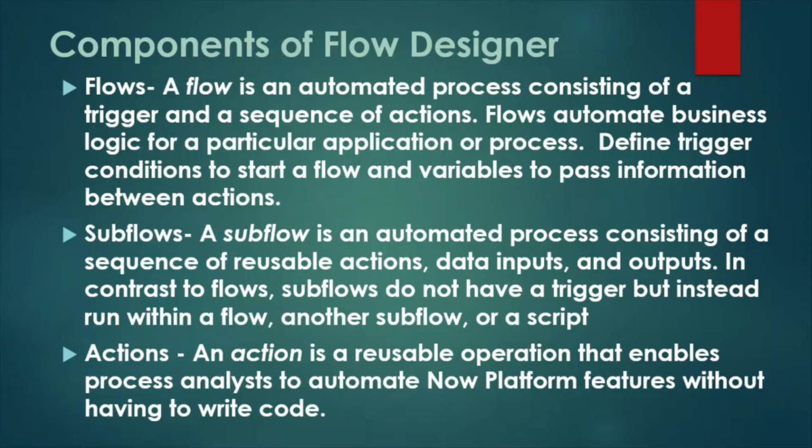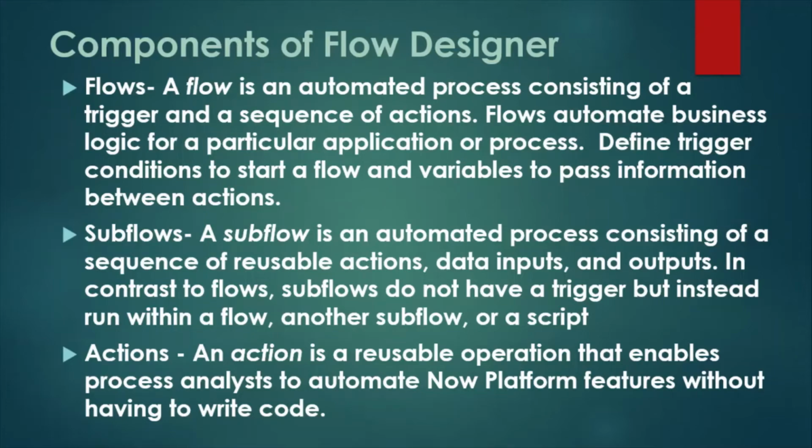So using Flow Designer, we can automate the process without writing code. And an action is something which is reusable, like a script include. We can configure our action, and if required, we can use it in another flow also. So Flow Designer means minimize the coding and automate the process.